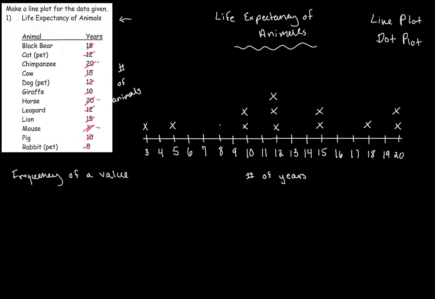So say if we had a life expectancy of 8 years for an animal, some people would make a dot here and say that that's a dot plot instead. So you can use a line plot or you can say it's a dot plot, but either way you're looking for the frequency of a value, and then you need to make sure that your labels are here, your y-axis and your x-axis, and then your title.